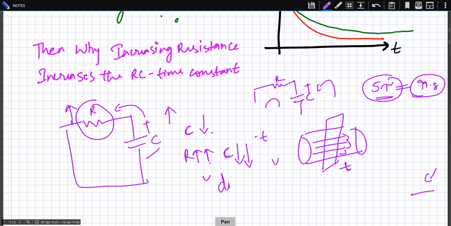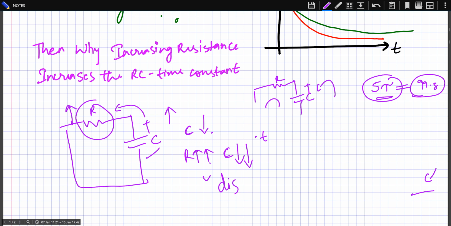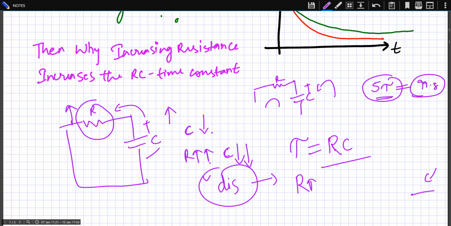To discharge completely, the capacitor should take lesser and lesser time, because the resistance is increasing, thereby consuming more amount of energy. But again, the time constant is defined by RC, which means that the capacitor will take even more time. Increasing the resistance will make the capacitor discharge slower.